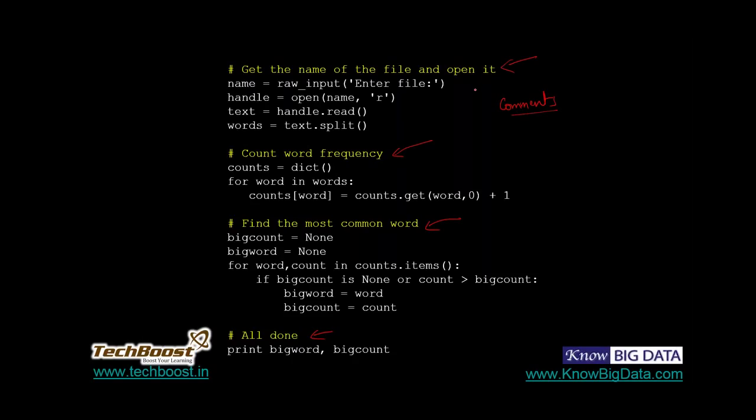As you can read here, get the name of the file and open it. So it tells that the following piece of code does this. Raw input is getting the name of the file, and we're trying to open the file. So it is just a little description of what we intend to do in our code.